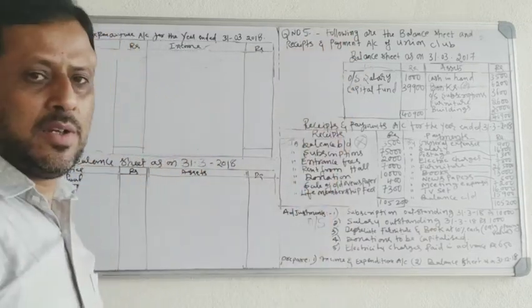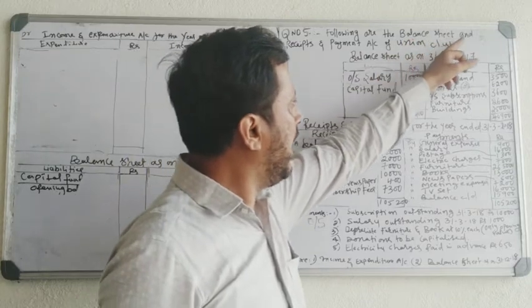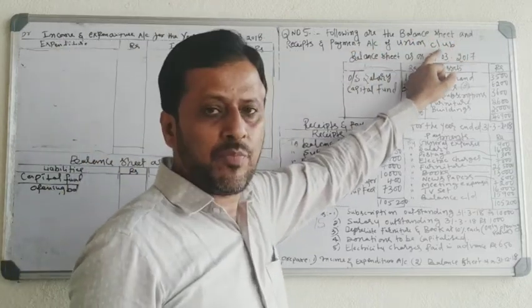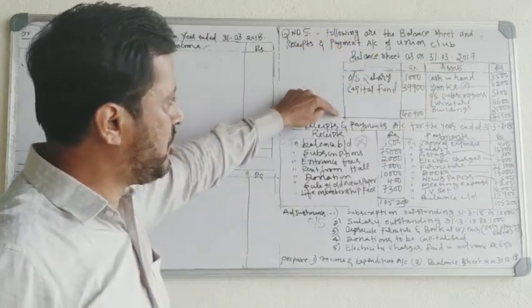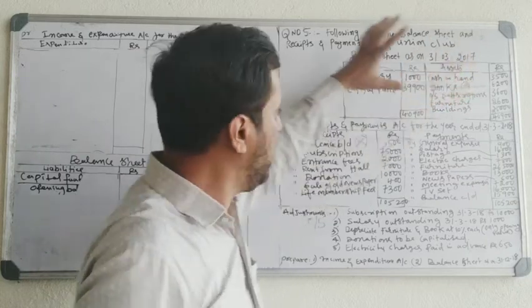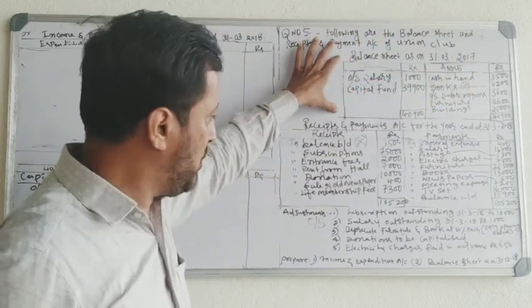Following are the balance sheet and receipts and payments account of Union Club. You have the balance sheet as on 31/3/2017, this is last year's balance sheet.